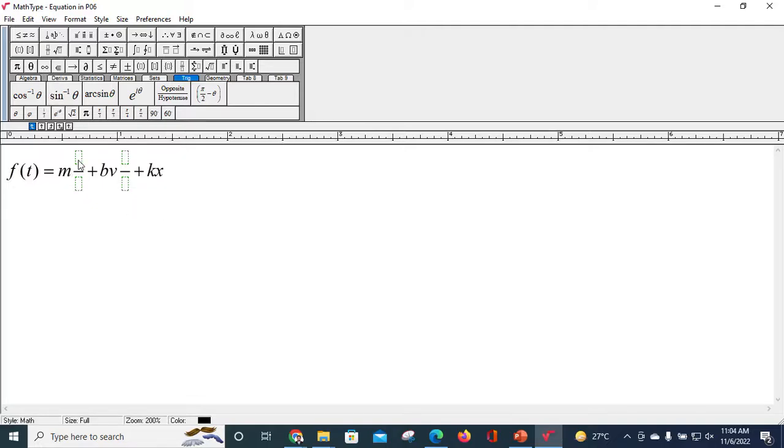So see here, mass into acceleration, and acceleration is nothing but the double derivative of x over dt square. Now this is again d2x by dt square, and here instead of v we have to write dx by dt.